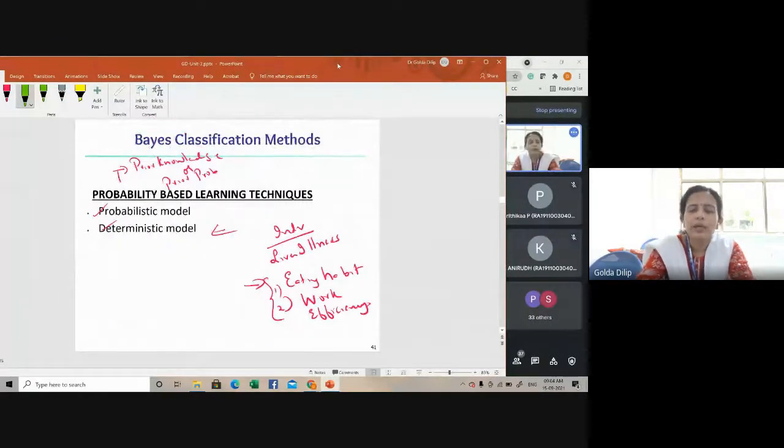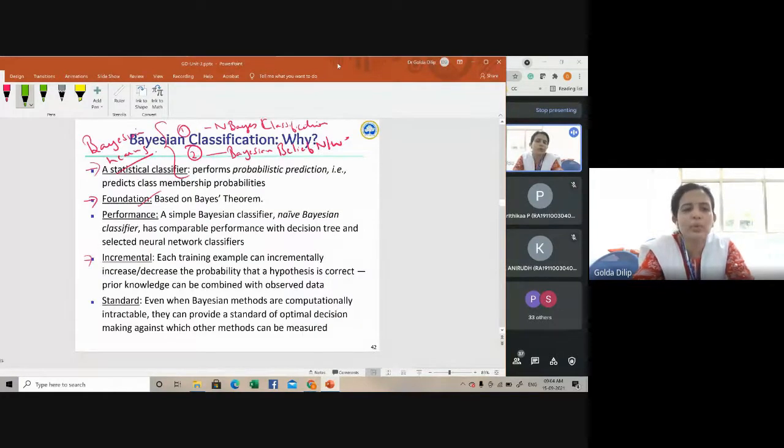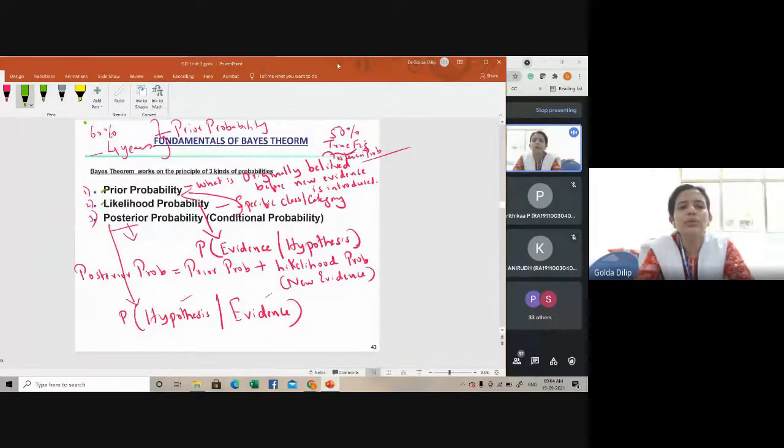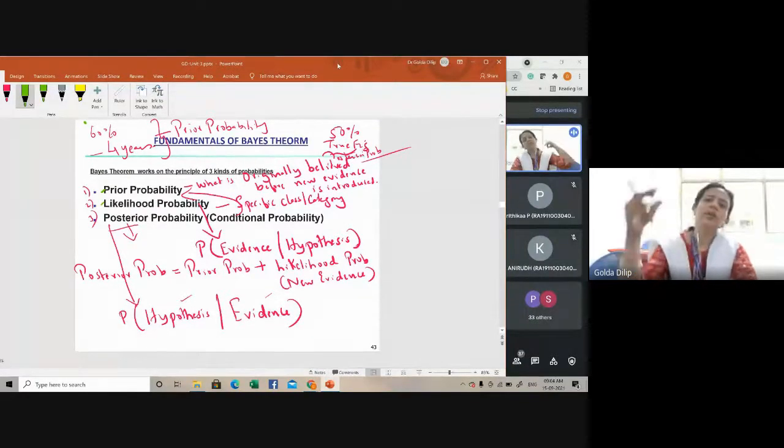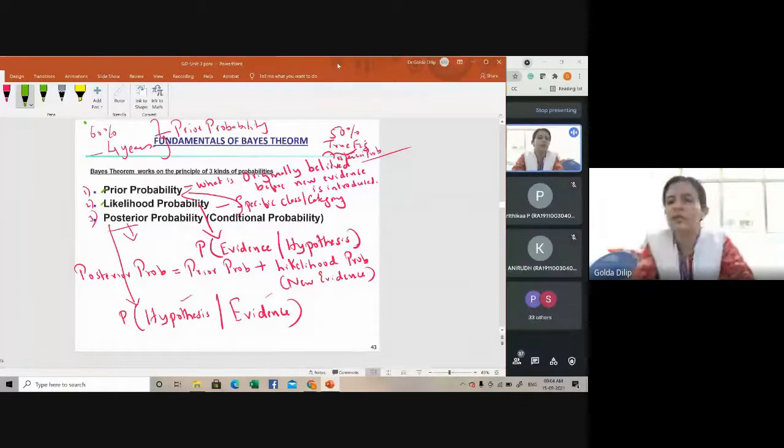Yeah, probably we discussed two probabilistic learning techniques. That is, what is a probability model and what is a deterministic model. I told you the difference between these two. Then we looked into the three kinds of probability, or the three principles on which the Bayes theorem works. The first is the prior probability, what is actually originally believed.